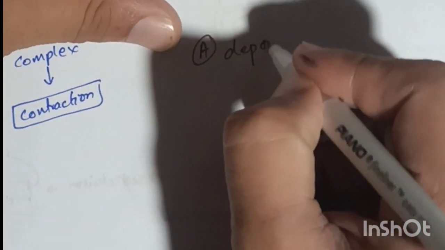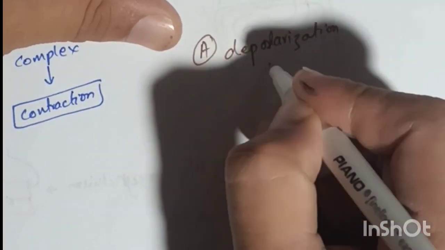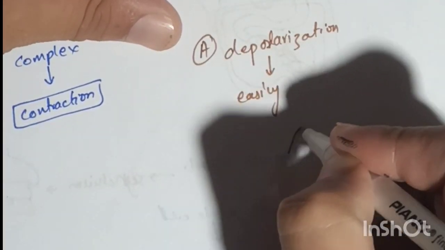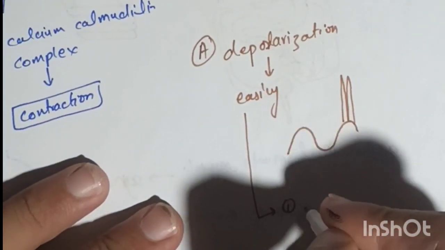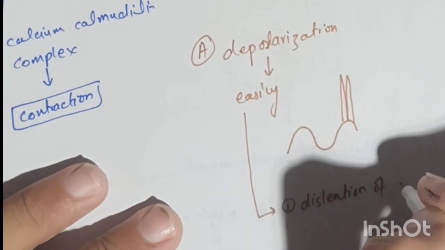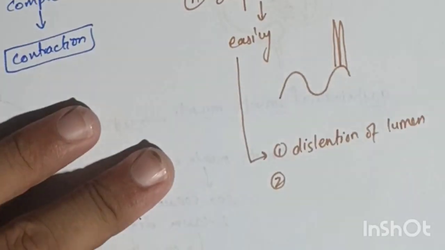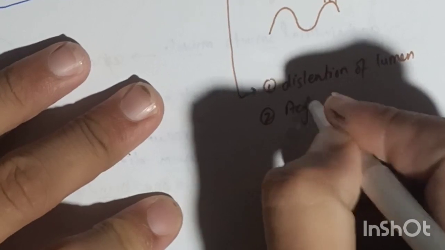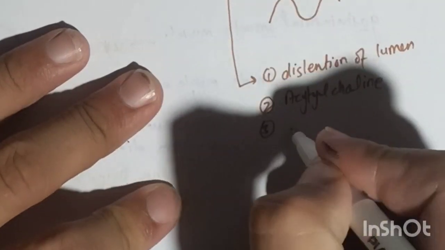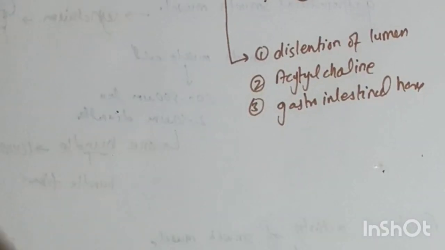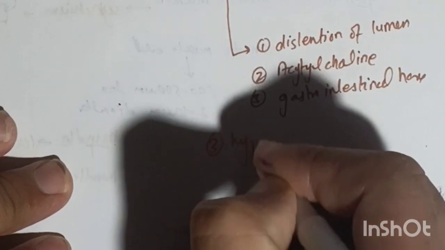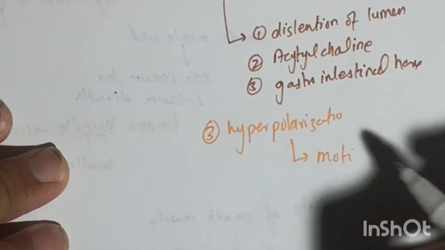So when a stimulus comes in the depolarized state, it directly excites. The stimuli that cause this are distension of the lumen, when positive charged ions come in, acetylcholine, and gastric hormones, which also cause motility of the stomach and lumen of the GIT.